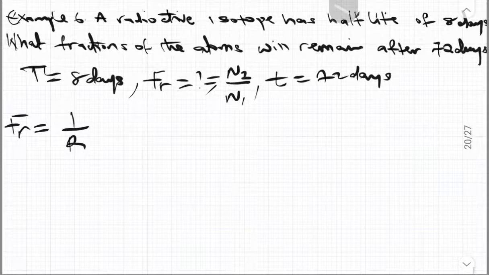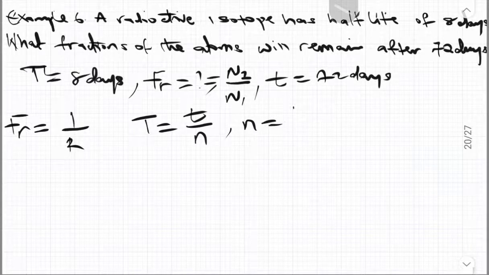First, let's find the disintegration ratio. Of course, we know that the disintegration ratio is actually 2 to the nth power. Using the formula, let's find n.